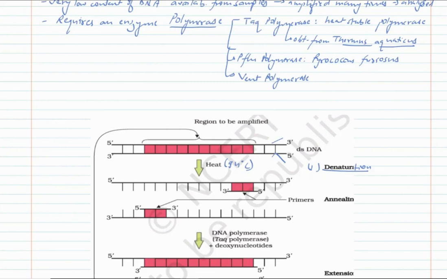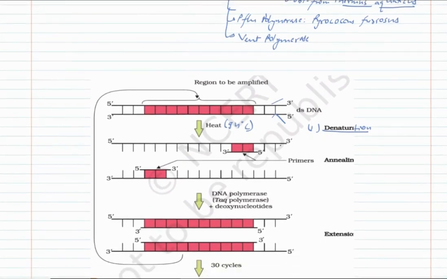Now, each of these strands will act as a template. For now, we will see how the upper strand, 5 prime to 3 prime, will act as a template. Similarly, the second strand will also be acting as a template.